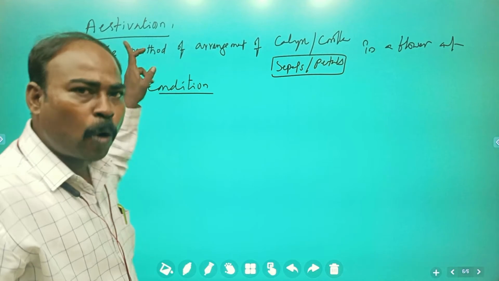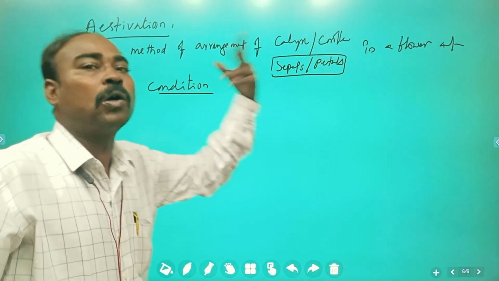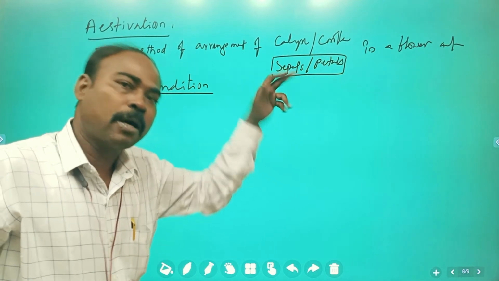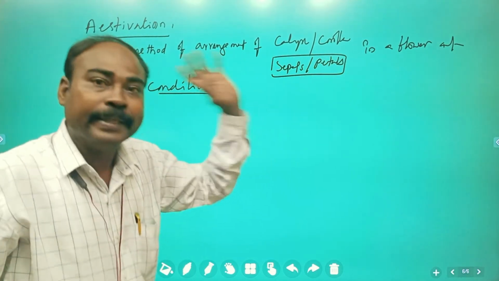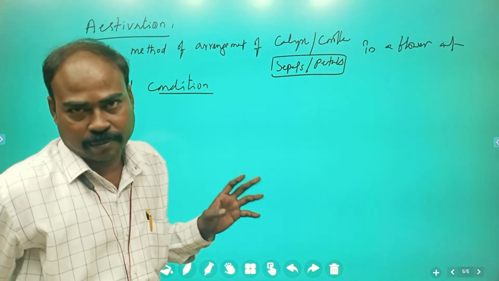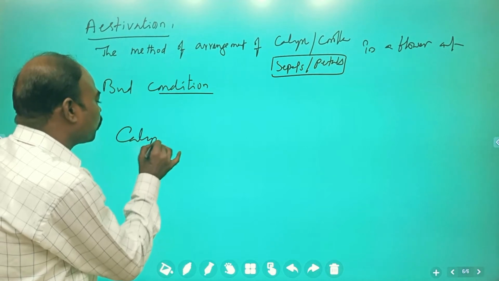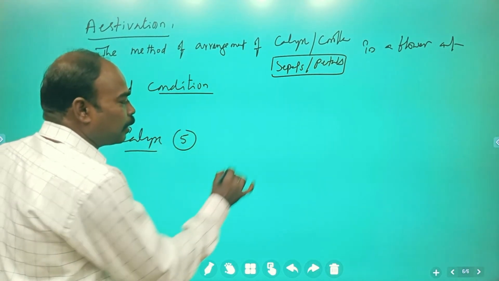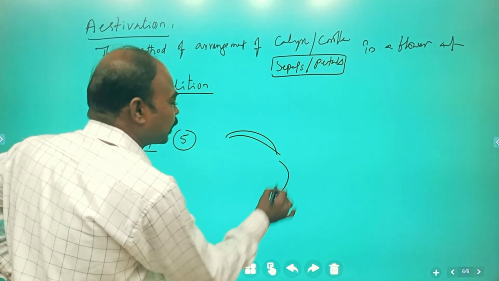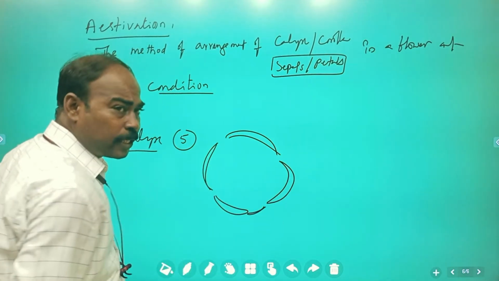Estivation means the mode or method of arrangement of the calyx or corolla, sepals or petals, in a flower bud with respect to the other members of the same whorl. For example, in a flower the calyx are 5 in number. The 5 sepals are arranged like this, right?